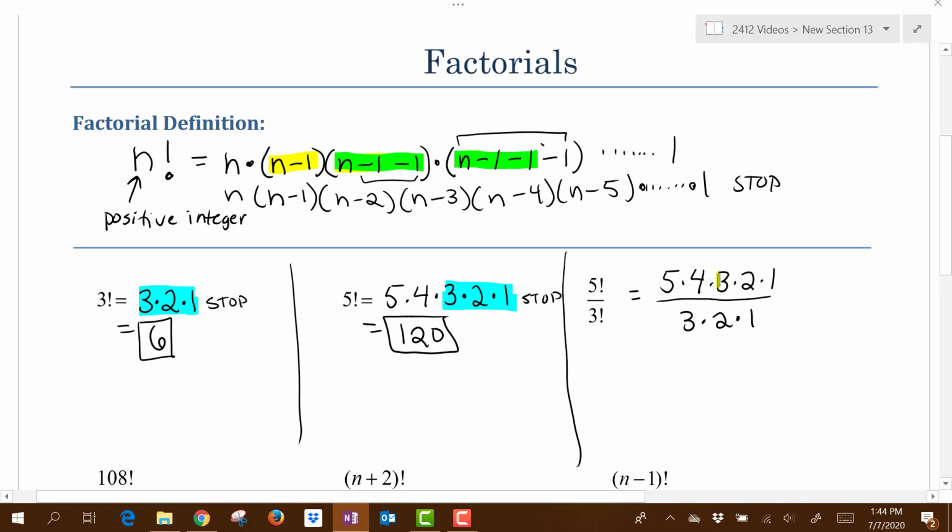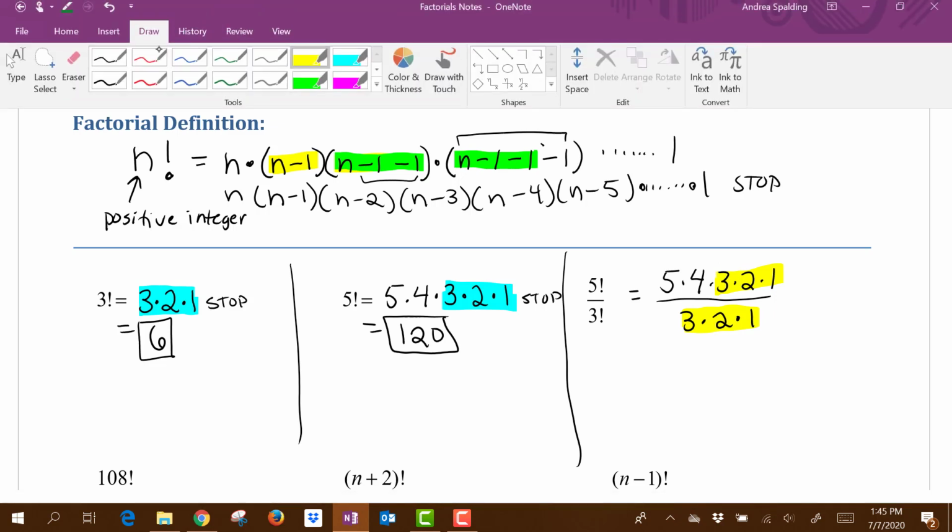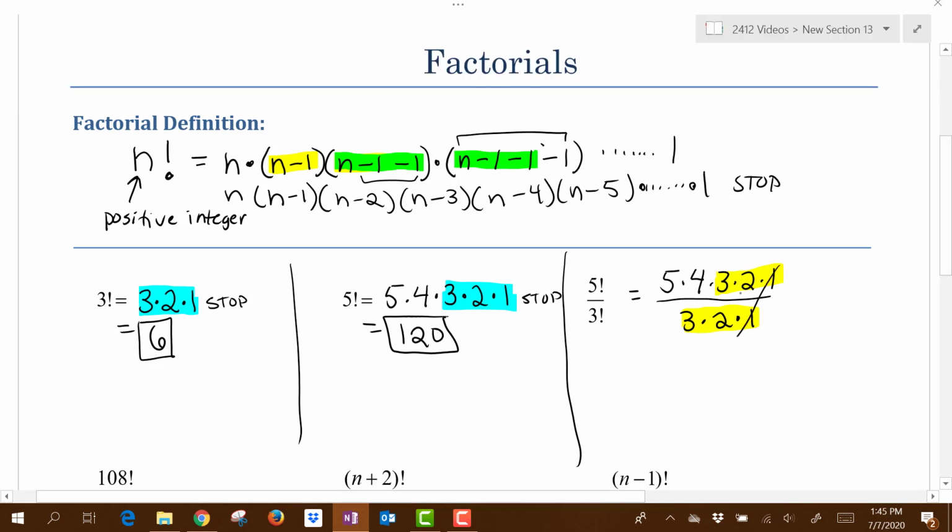So notice that when we did these factorial expansions that the last 3 digits match at the top and the bottom. So those are common factors. So the 1s would cancel, the 2s would cancel, the 3s would cancel, and I would end up with 5 times 4 at the top, and so really 20 over 1 or just 20.